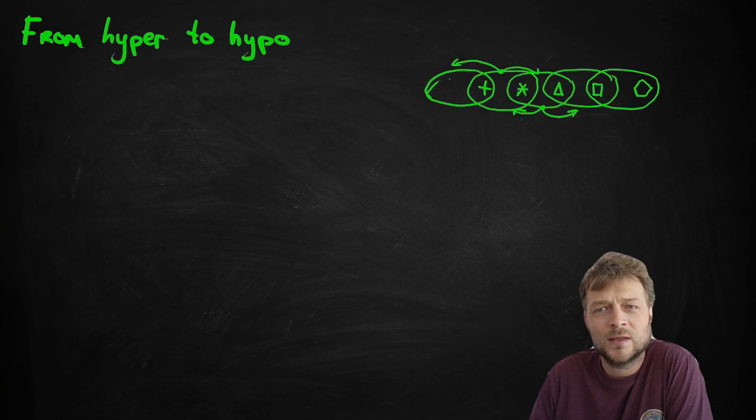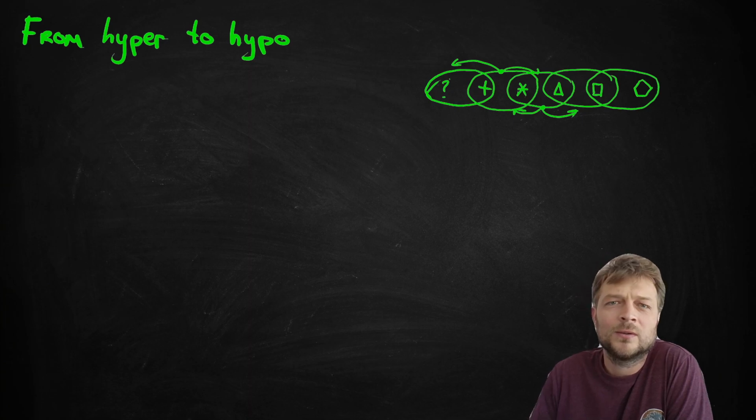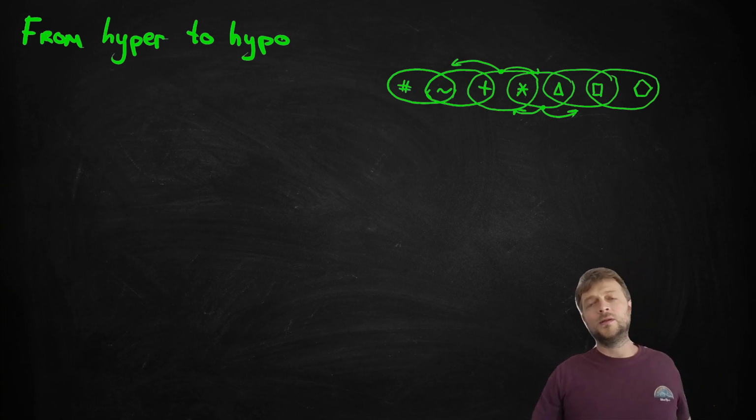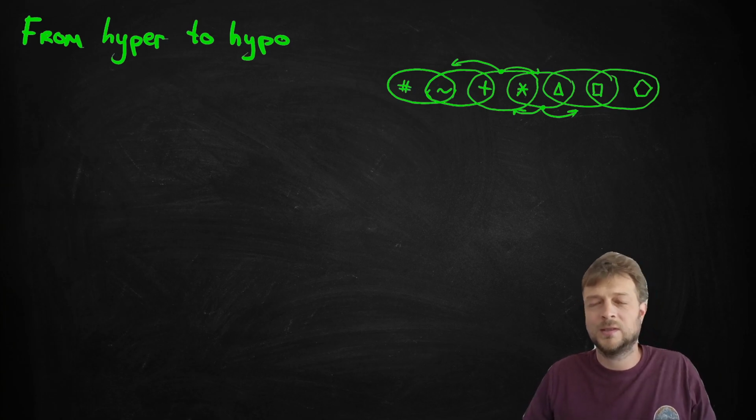This operation that is here, I called the tilde operation in the previous video. And we will go one step further and consider another one. This one will be denoted with a sharp operation.